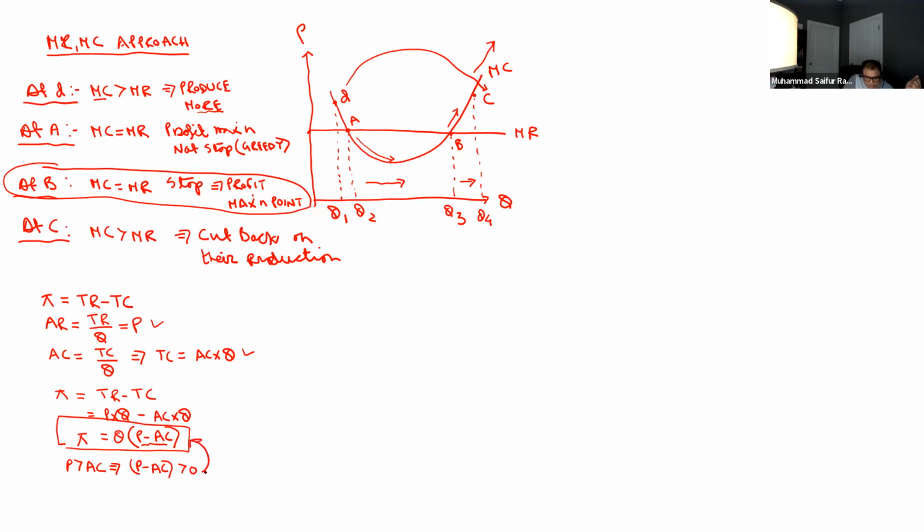Then it would mean that your profit is also positive. If P is smaller than average cost, that would mean that P minus AC is smaller than 0. And from the same equation, we are going to find that if P minus AC is smaller than 0, my profit is also smaller than 0.